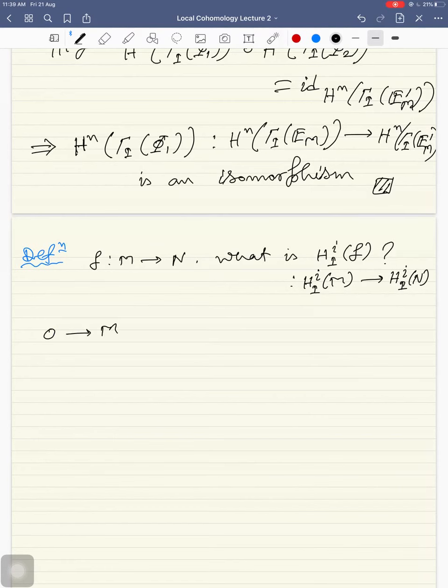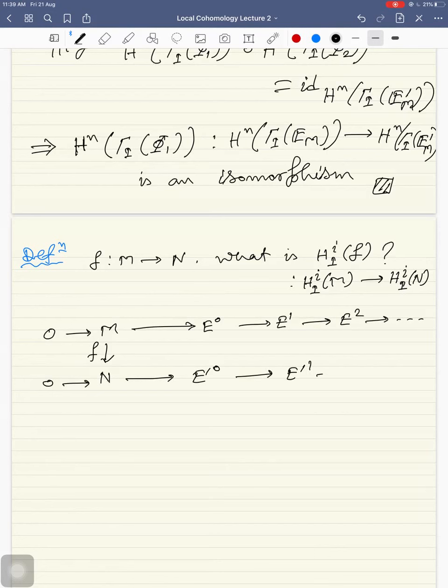So you consider M and N. From M to N you have this morphism, and here you consider any injective resolution of M. Let us say it is E0, E1, E2, and so on, and here it is E prime 0, E prime 1, E prime 2, and so on.